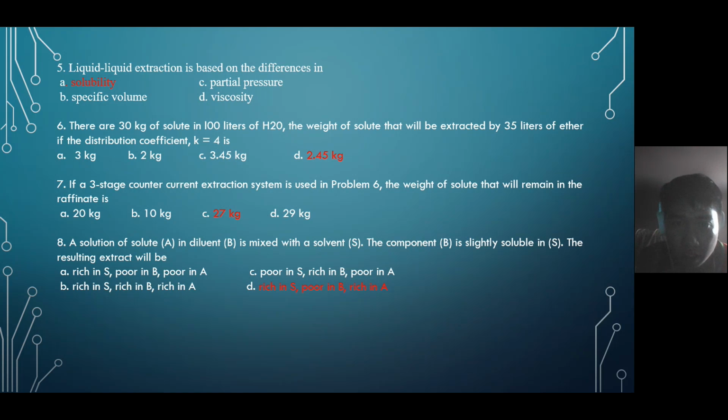So the correct answer will be D, rich in S, poor in B, and rich in A.